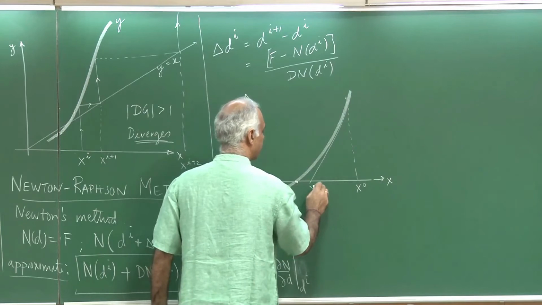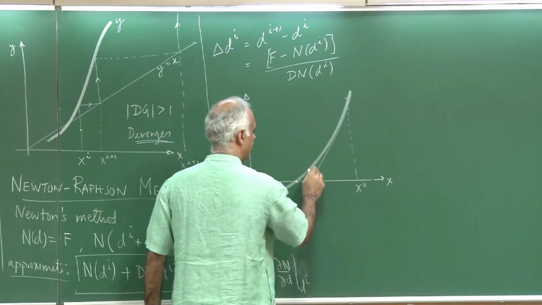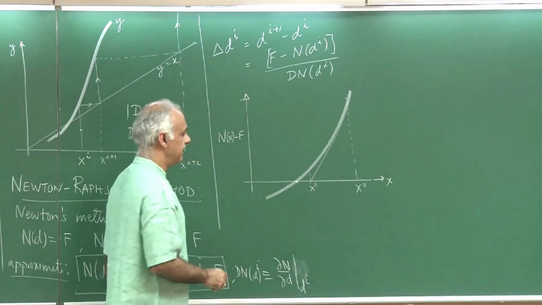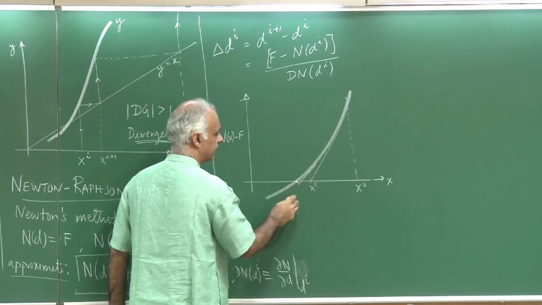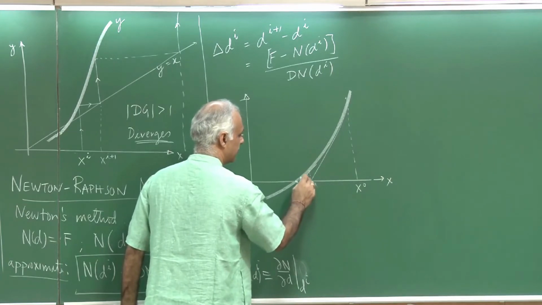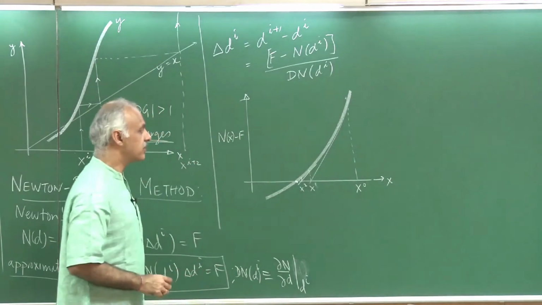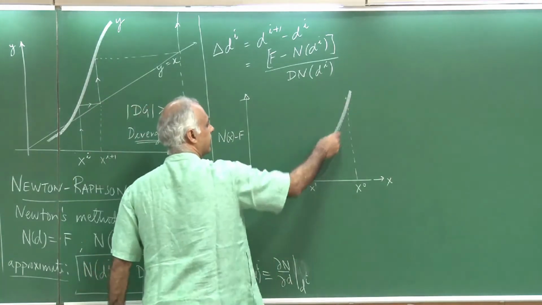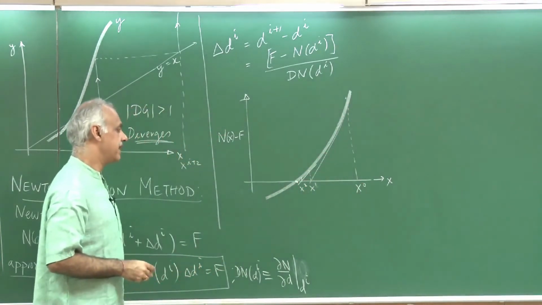So this therefore is going to be my x1, and then I get this point, then I draw the slope here, and then this is going to give me x2, and so on and so forth. So that's your Newton-Raphson method. So by using the slope, you can actually approach the exact root.